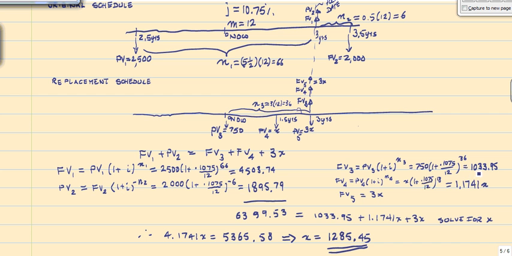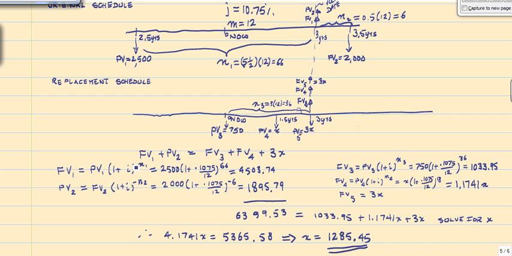So that gives you 1033.95. Future value 4 is 1.5 years, so that's 18 compounding periods. So that's x times 1.1075 divided by 12, so that's in terms of x. And future value 5 is exactly the same because there is no time in between, so it's equal to 3x.